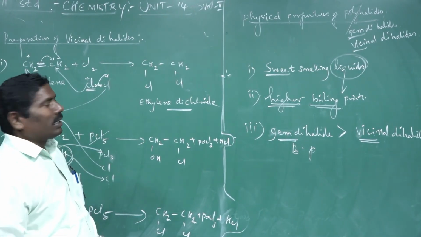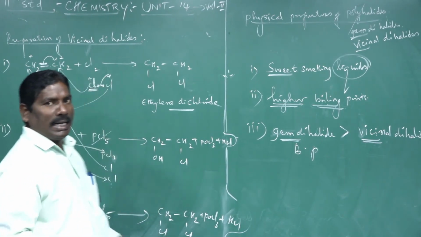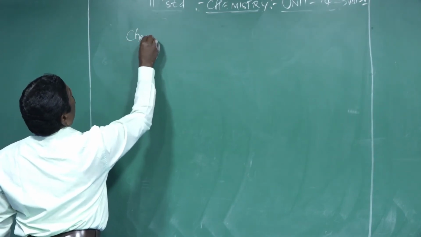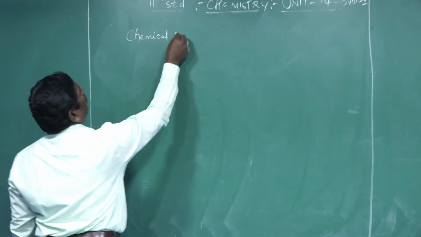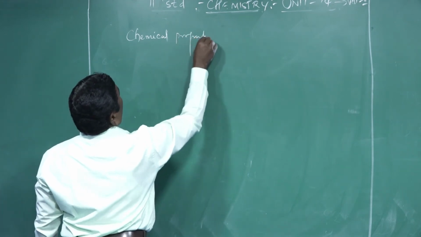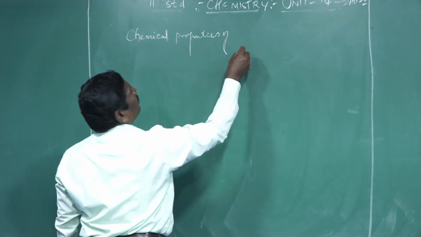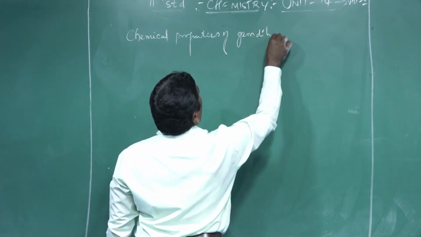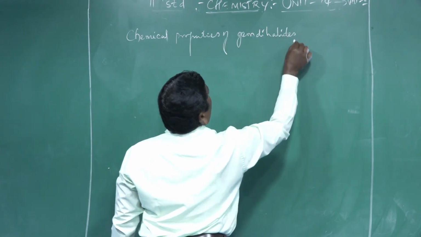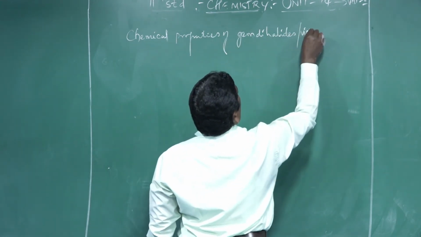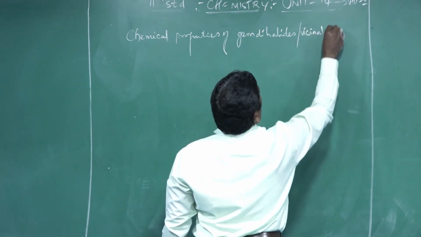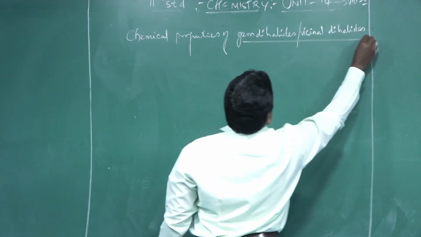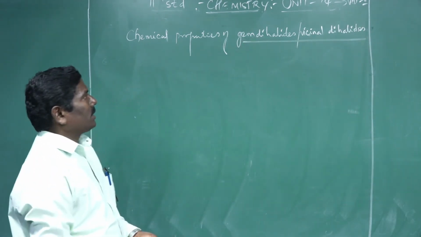Next we can go for the chemical properties of these two halides: gem dihalides and vicinal dihalides.